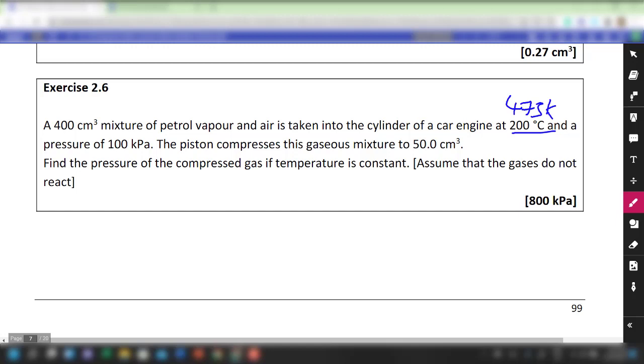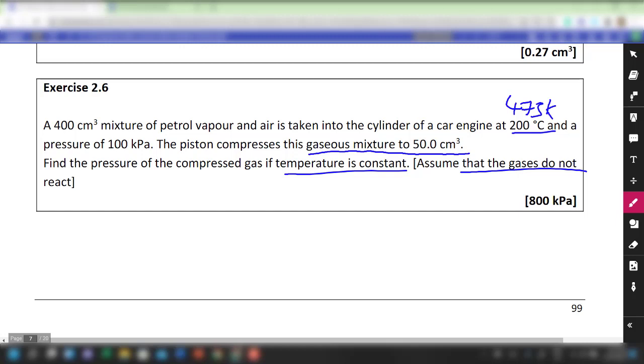A pressure of 100 kPa. The piston compresses this gas mixture to 50 cubic centimeters. Assume gas do not react. Temperature kept a constant. Actually, I don't need to do a conversion because there isn't a need to.